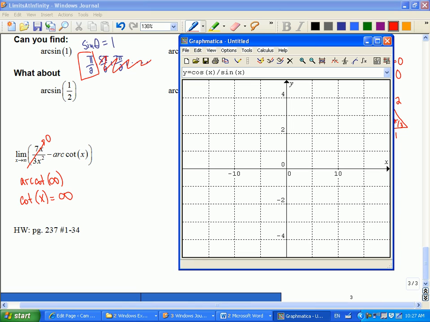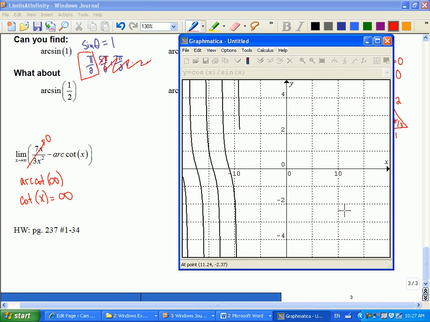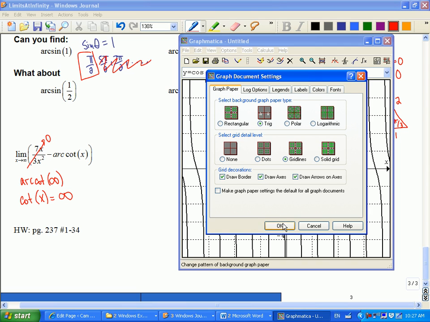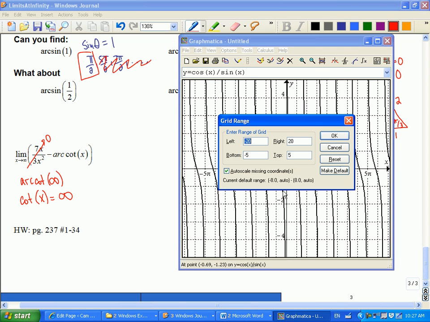So here's the picture of cotangent. Let me change a few things on here so it's easier to see. So let's go negative pi to pi.